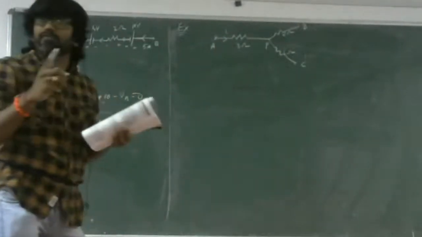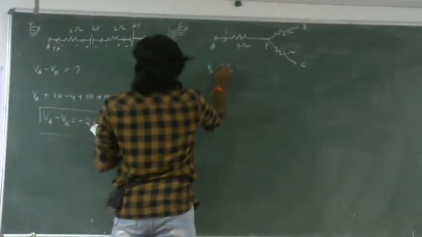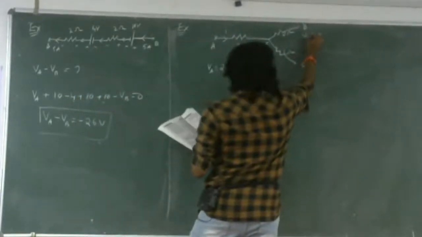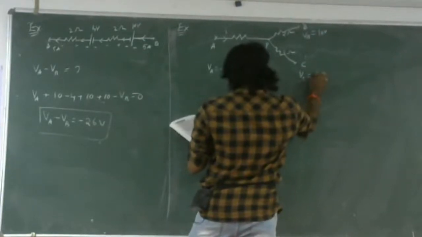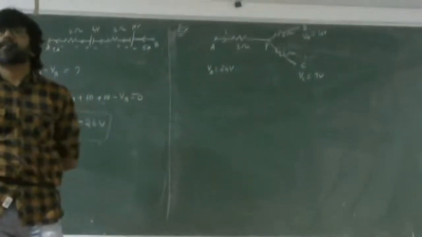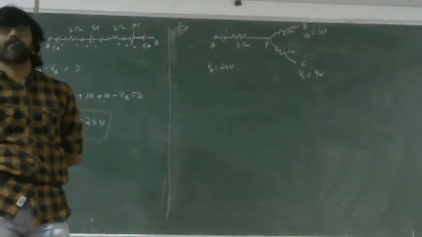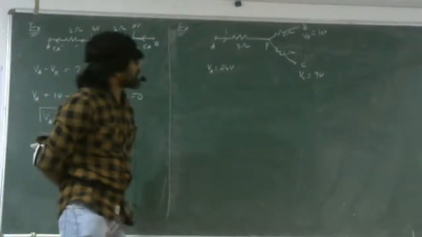You are asked to find this current, provided the potential of point A is 24 volts, the potential of point B, VB, is equal to 10 volts, and the potential of point C is 9 volts. This is the given data.